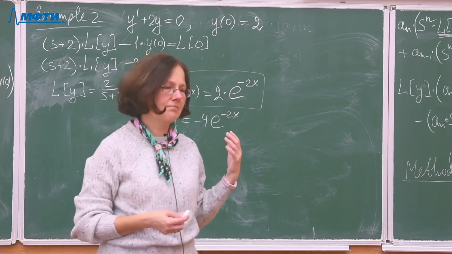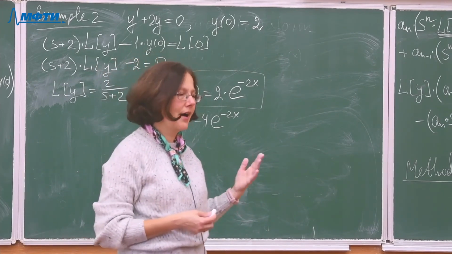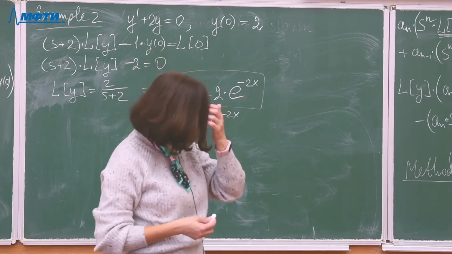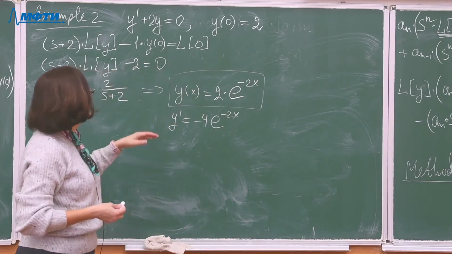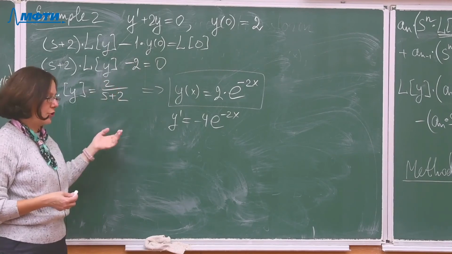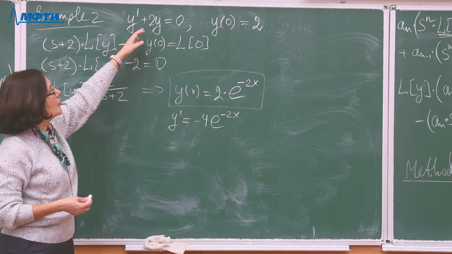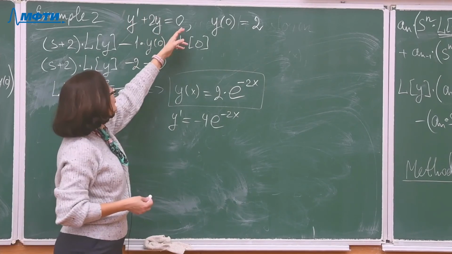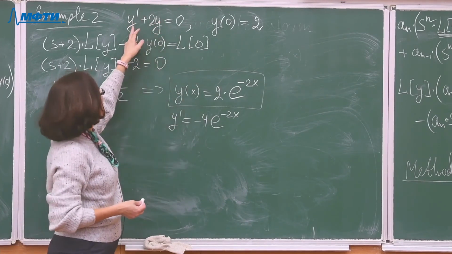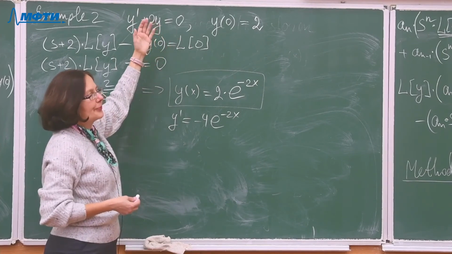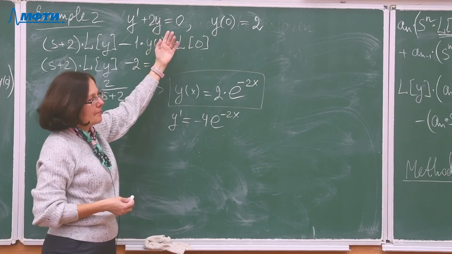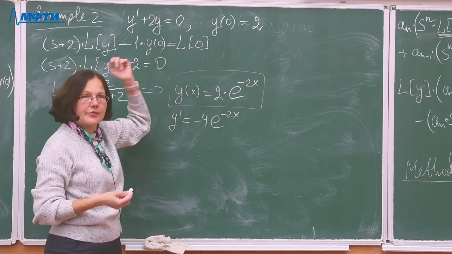in spring we solved these differential equations, and the solution includes two steps. The first step is solving the homogeneous differential equation. Then the particular solution of the non-homogeneous differential equation.